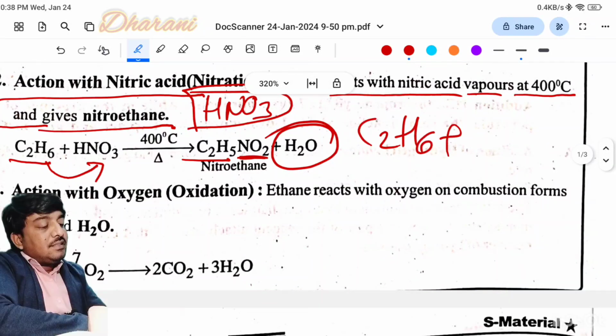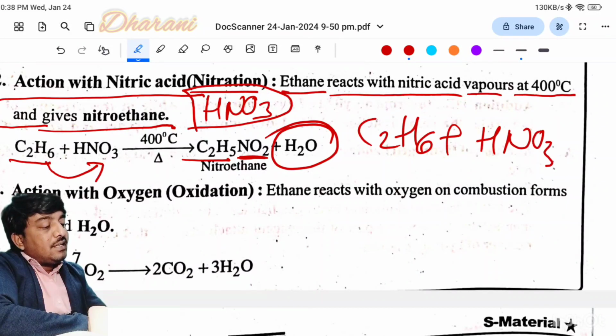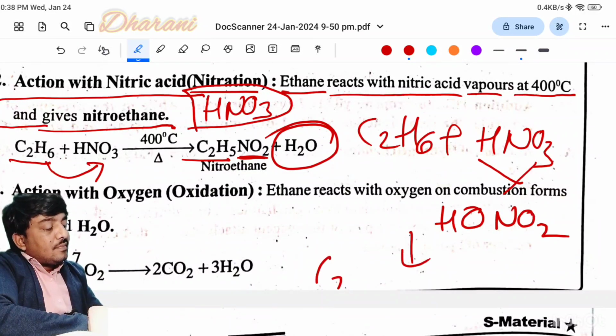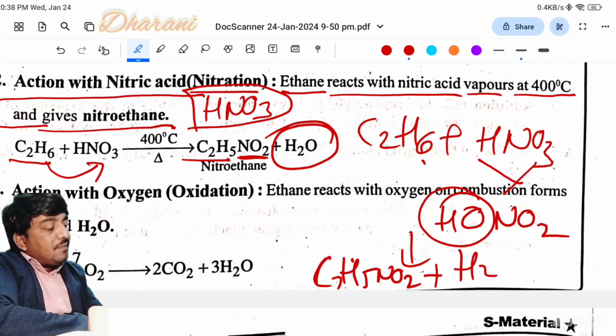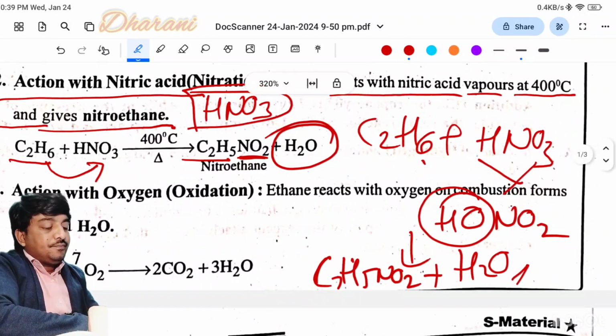I will write C2H6 plus HNO3. We can write HNO3 like this: OH, NO2. C2H5, one hydrogen is replaced. That hydrogen combines with OH and forms H2O.